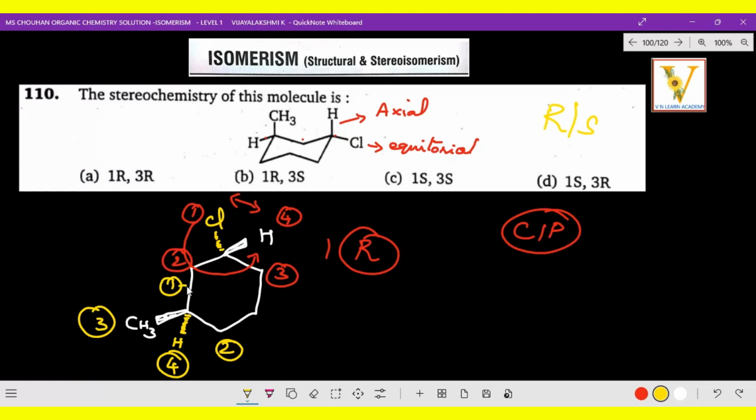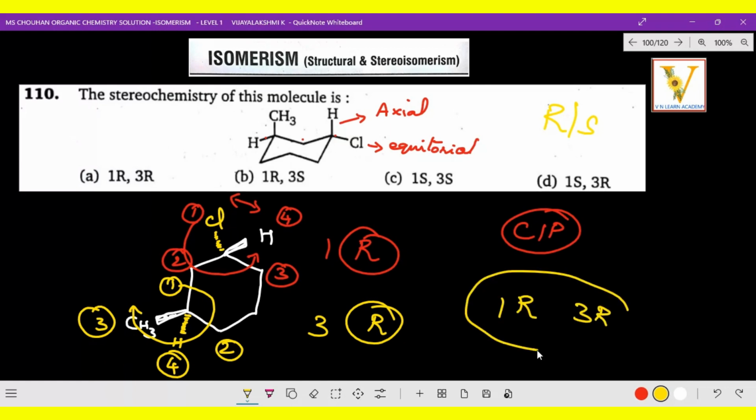This is actually clockwise, and clockwise means R only. So this is 3R. So what is the option? 1R and 3R. Which is the correct option? 1R and 3R. Option A is the correct option. I hope you got the clarity about all these 10 questions, and thank you for watching.